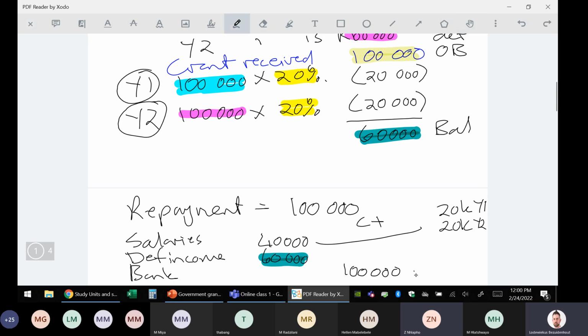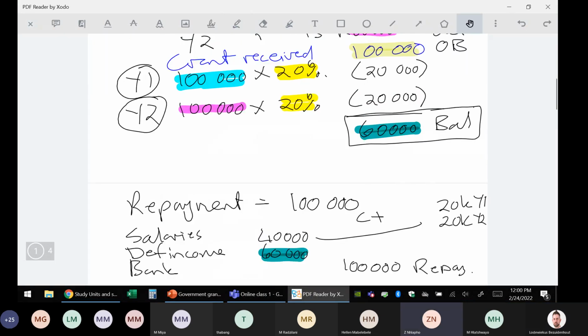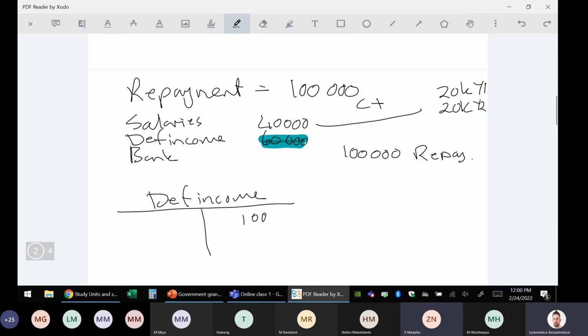So we repay 100. We first have to see what is the balance on our deferred income account, and we have to clear that first. So we have to get that out of the books. So if you look at the T account, deferred income has got 100,000 credit.